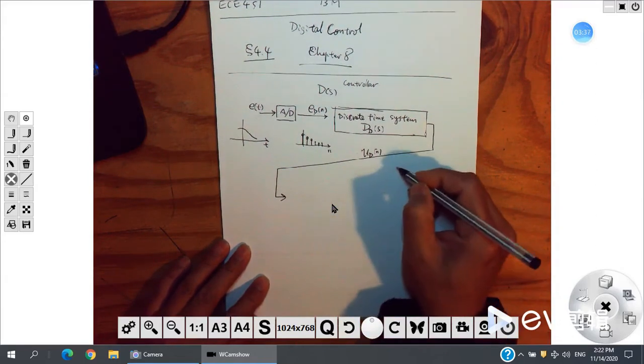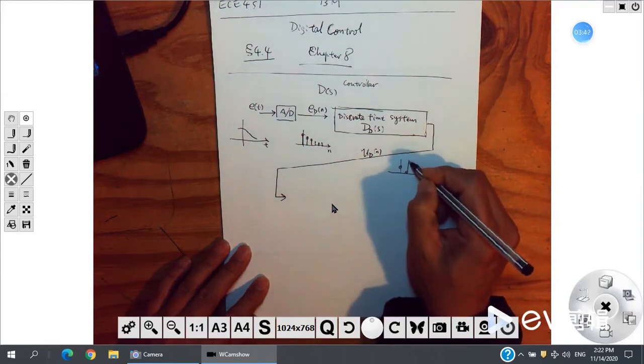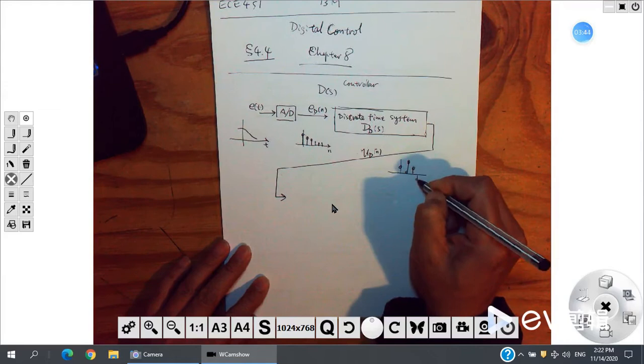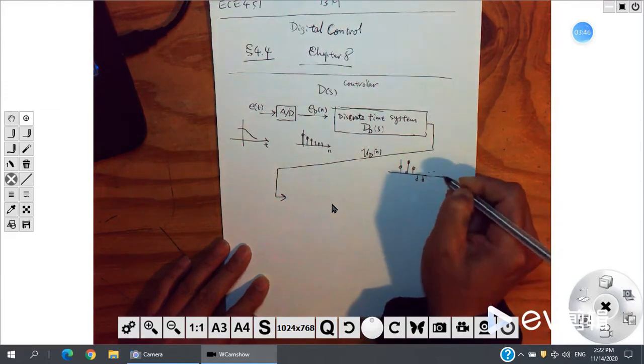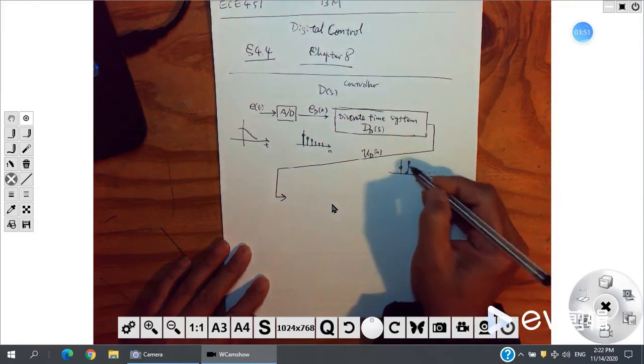And this one is also something looking like this: digital, discrete time, just a list of values.